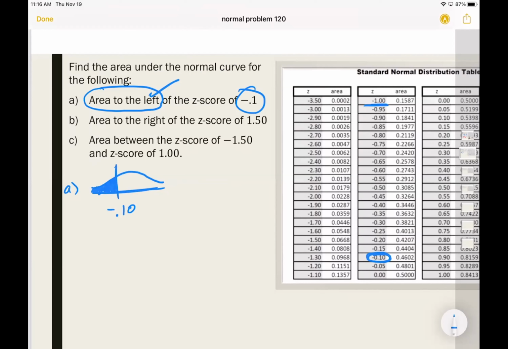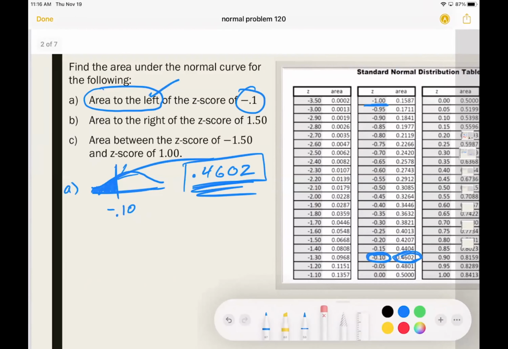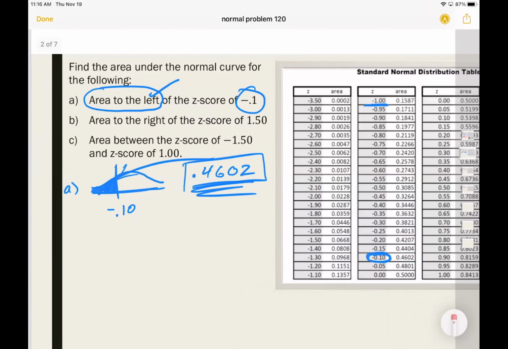So this is what we have. All we need to do is extract the area, and the area is 0.4602. And that is your answer, ladies and gentlemen, if they ask you for the area to the left.